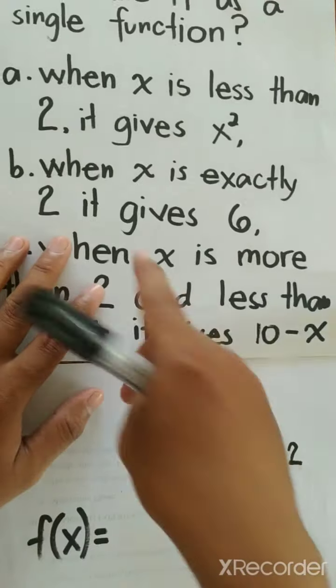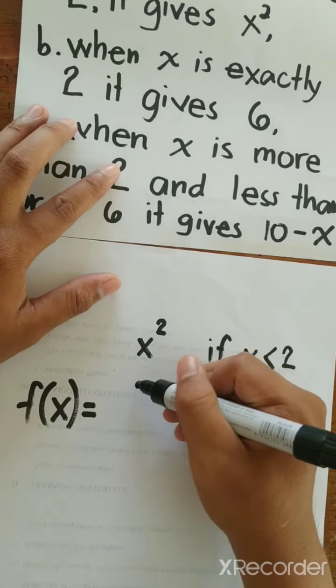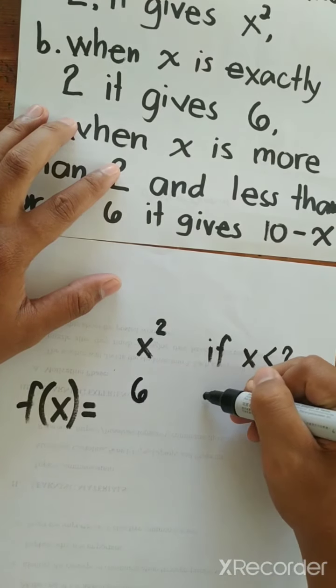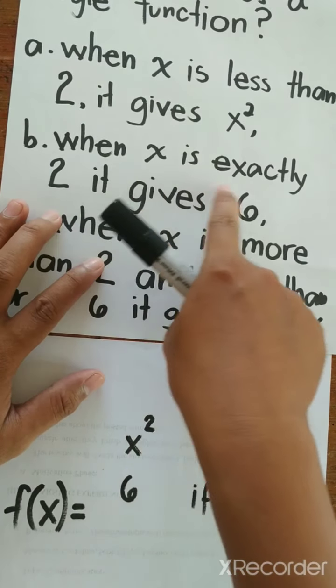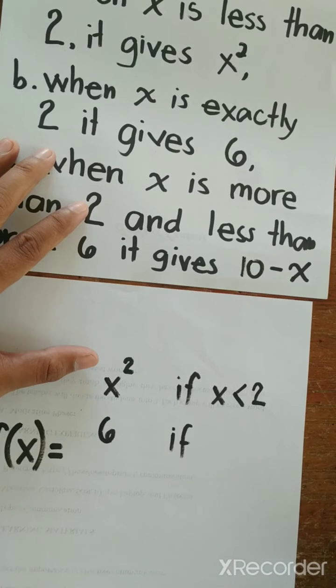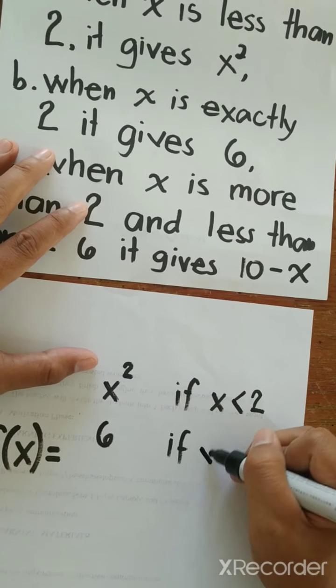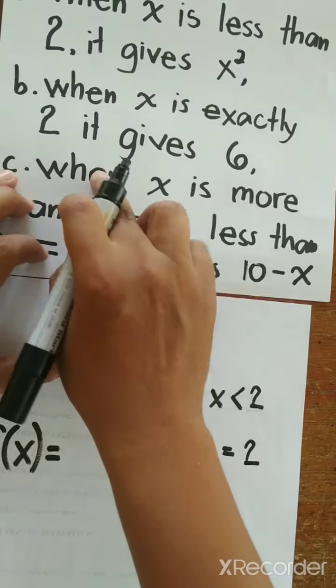Next, when x is exactly 2, it gives 6. So it's just 6. And we will write if x is exactly 2. When we say it's exactly, it is equals. Alright? So if x is exactly 2. Last one.